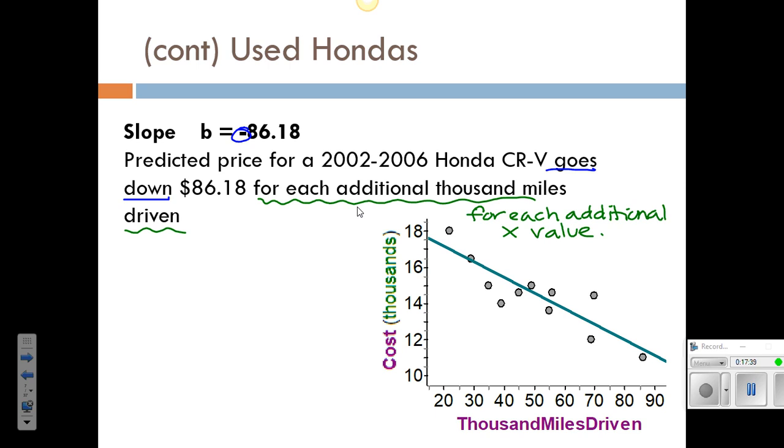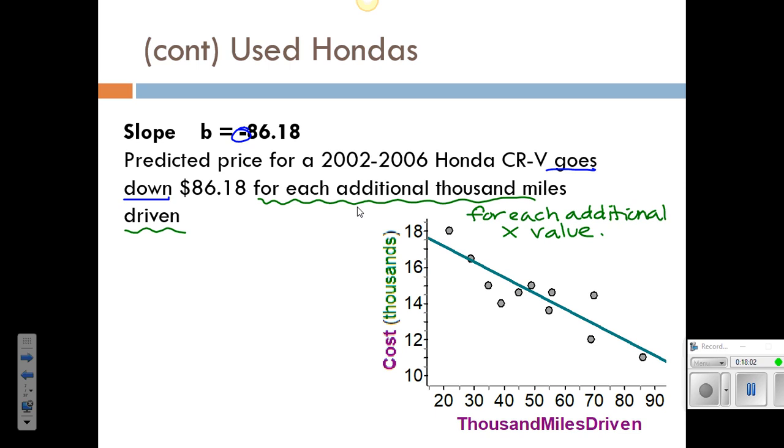All right, so tell me, generally, how do you talk about interpreting the y-intercept? What's the generic idea? It's the starting value. So when x equals what? 0. It's the price of the car, the predicted price, correct? So what does 0 represent in this case for x?